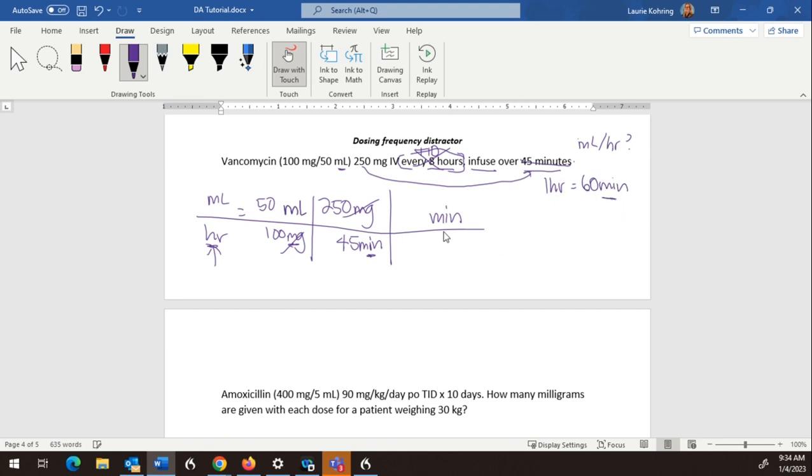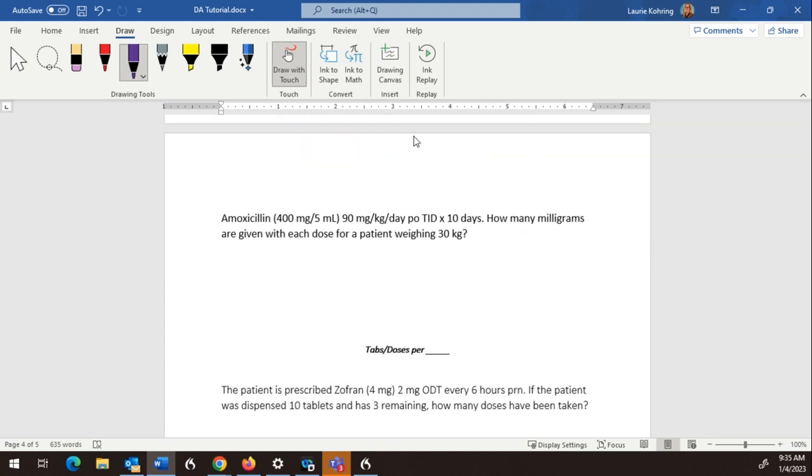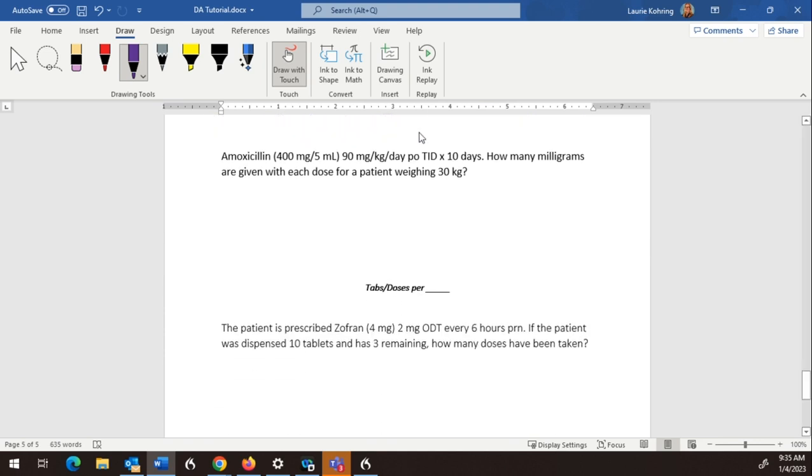So now I can say, oh, there's my minute. So I'll put 60 minutes, 1 hour. My minutes will cancel out, and now I'm at my stop unit of an hour, and I have milliliters over here on the top, so I can multiply across and divide by the bottom. These just take repetition to remember not to use that frequency number there. But it is very easy because you get the unit you need right away, and it kind of deceives you.